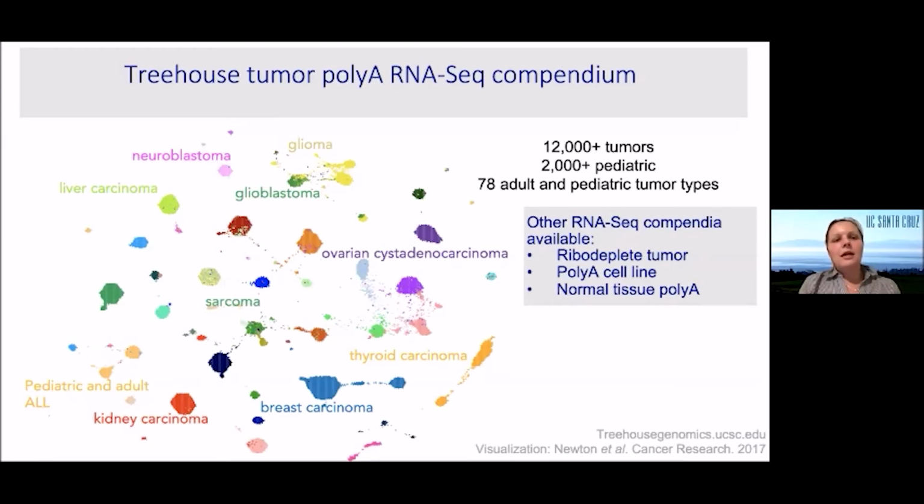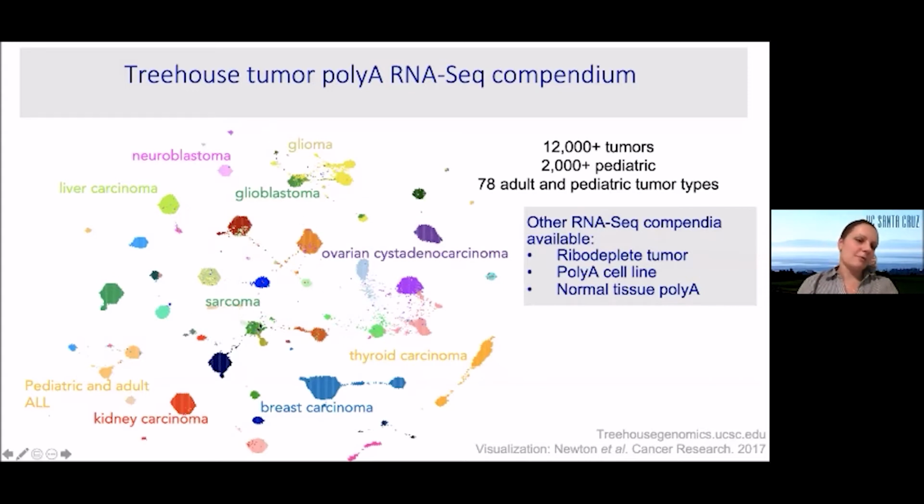So I talk a lot about comparative RNA sequencing analysis and comparing individual cases to compendia of other cases. This is a visualization of what we call our tumor RNA sequencing data compendium. Here, every small dot represents an individual tumor RNA sequencing data set, and then the dots are laid out according to similarity of their RNA sequencing profile, and then color-coded by diagnosis.